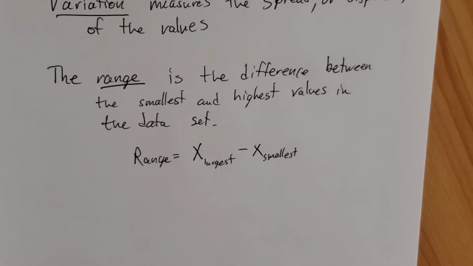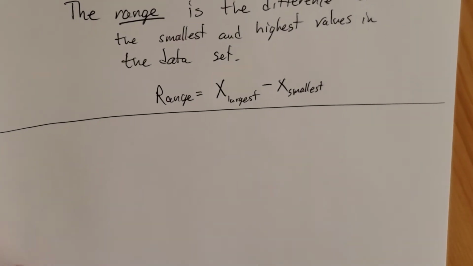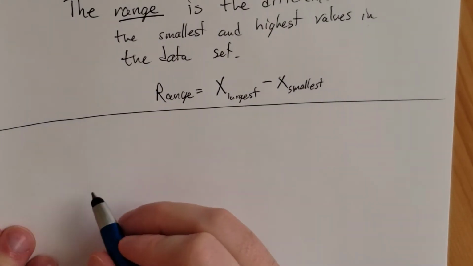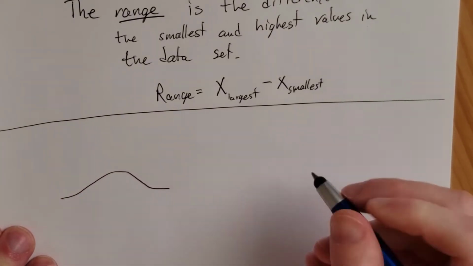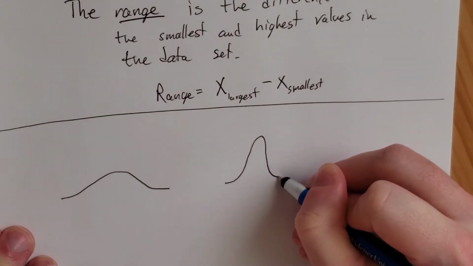All right. Well, we have a few other ways to measure dispersion or variation. So let's look at those a little bit more in depth. Besides measuring the range, perhaps you'd like to measure the scatter around the mean. Suppose we have a data set that looks like this, and then a data set that looks like this.